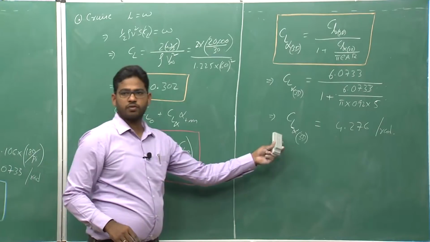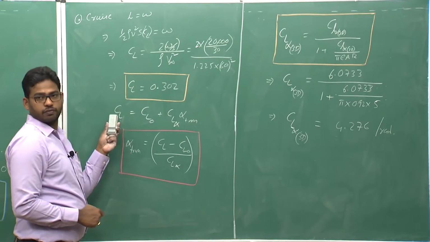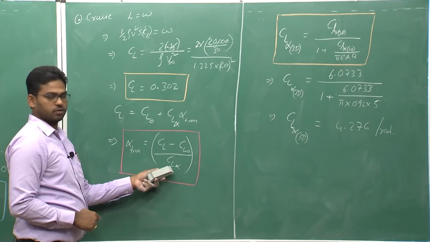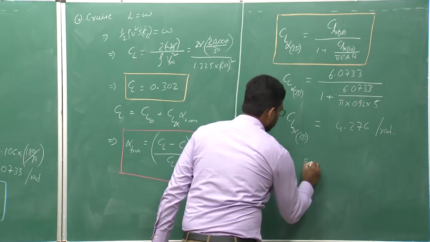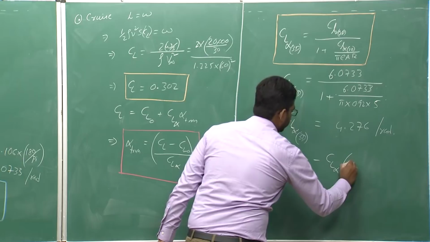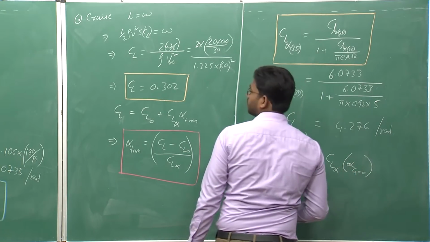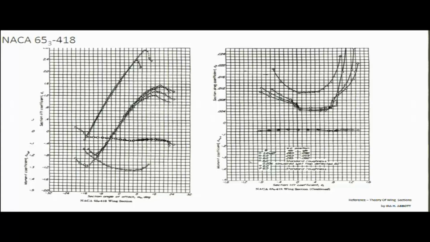So, we got CL alpha from here. If we want to find the corresponding trim angle of attack to achieve this CL, what we need is CL naught. CL naught of this wing is minus CL alpha into alpha at which CL is equal to 0. For the NACA 653418, you can refer to our previous lectures. The alpha at which CL is 0 for the airfoil is approximately minus 2 degrees.